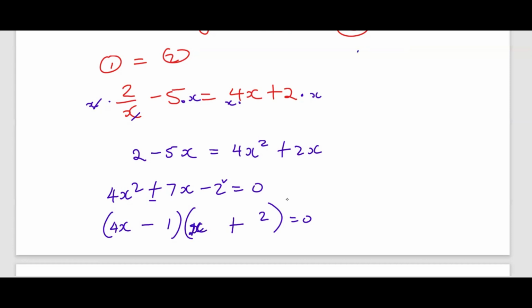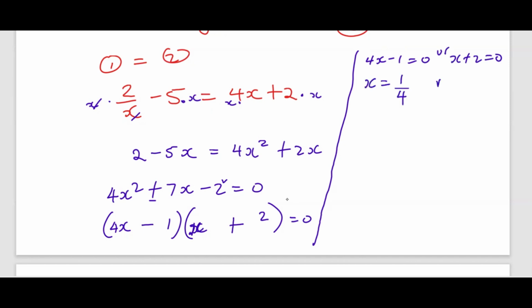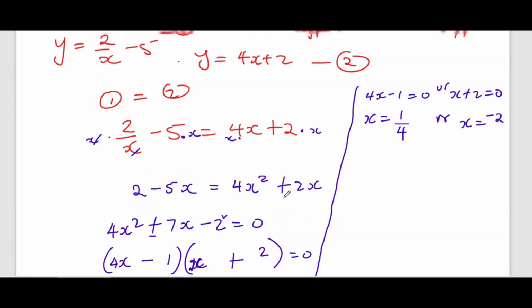Okay, so which means when I solve this, I'll have 4x minus 1 is equal to 0, or x plus 2 is 0. So this first one will give me a positive quarter. The second one, x is going to be negative 2. Then I can just substitute these values into any of the equations, okay?